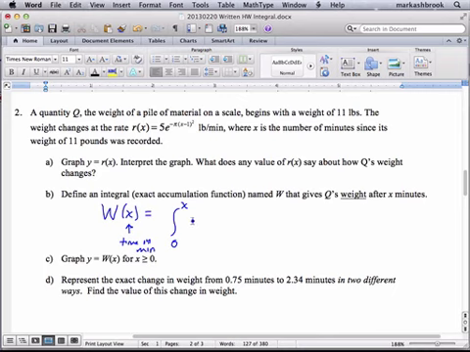Can you tell me what R of T is? So what do you want up here? But R of what? Yeah, so if it's R of T, we want T minus 1. Then?